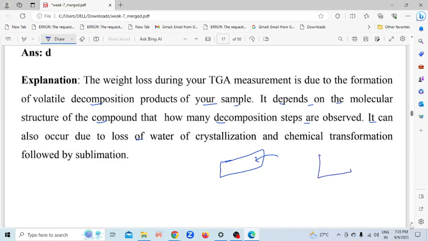If you put it in a furnace, what will happen? First, water will be removed.